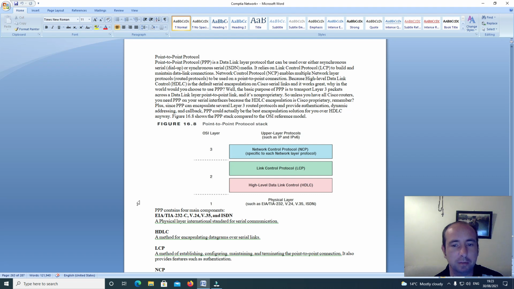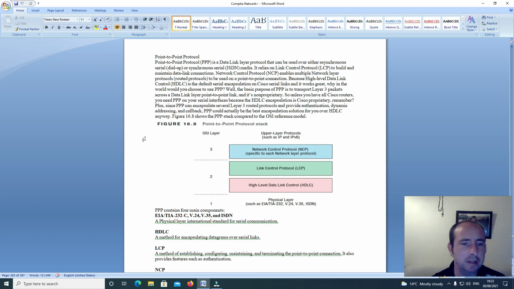Well, the basic purpose of PPP is to transport layer 3 packets across a data link layer point-to-point link, and it's non-proprietary. So unless you have all Cisco routers, you need PPP on your serial interfaces because the HDLC encapsulation in Cisco is proprietary.